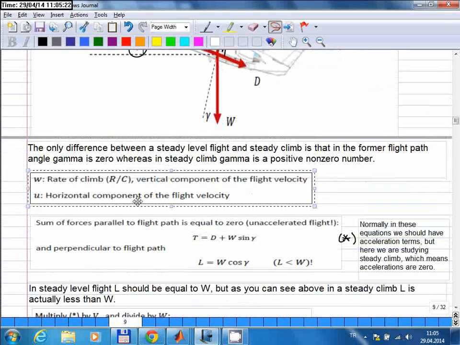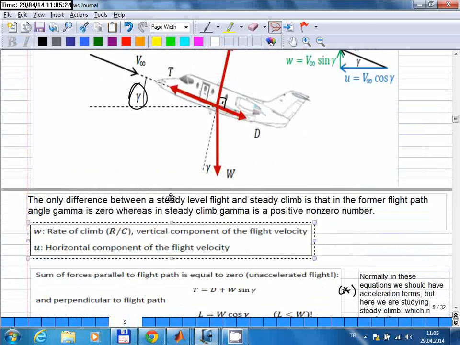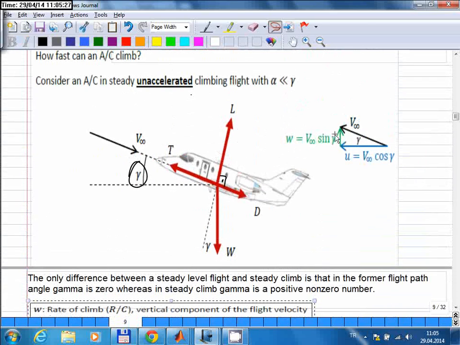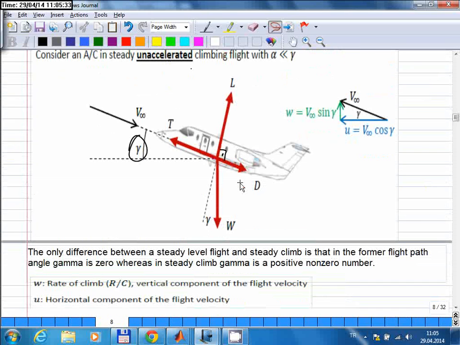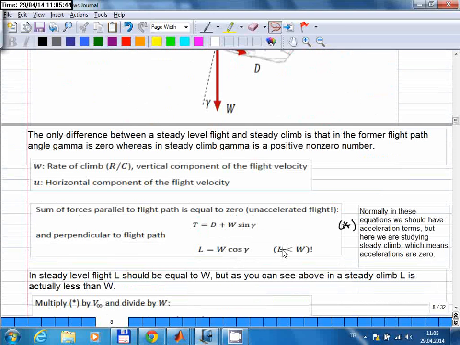Okay, now let's take a look at the equations for this case. If you write the forces, again we write the force equality in two axes. First we write them in the axis which is parallel to the flight path, and then we write the forces in the axis perpendicular to that. And then the two equations for those two axes are these two equations here.